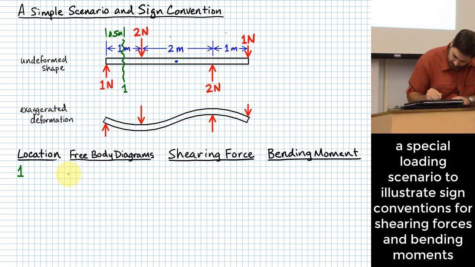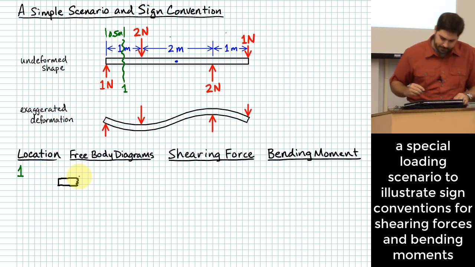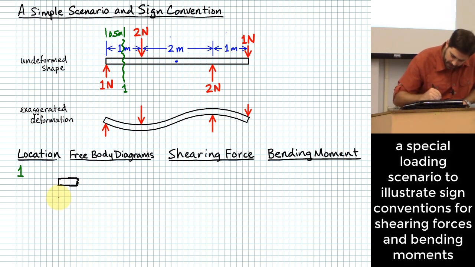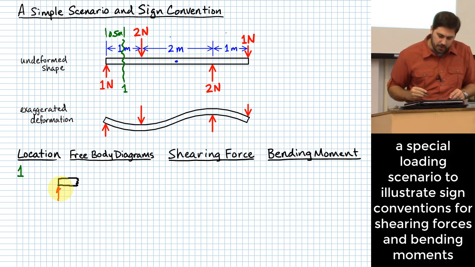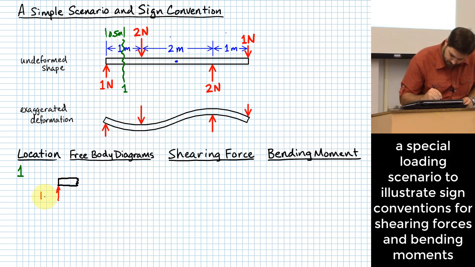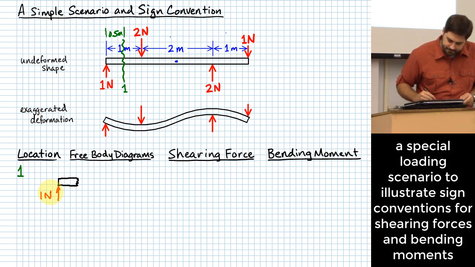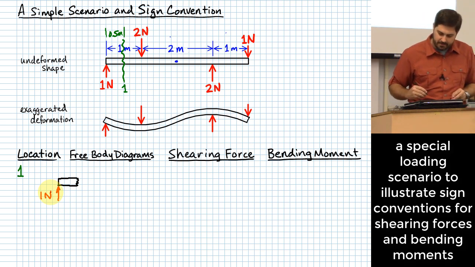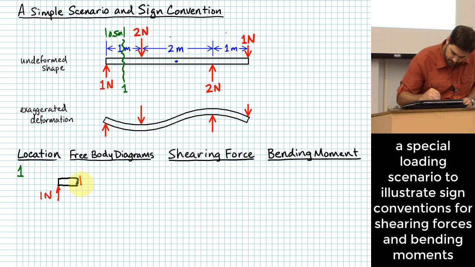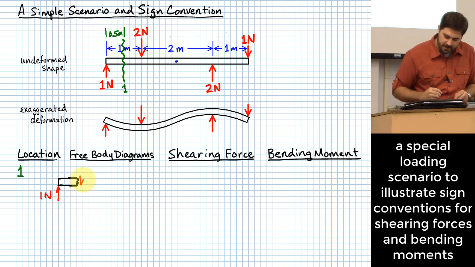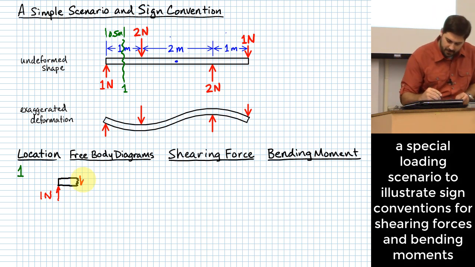The left one looks like what? Okay, it'll have a 1 Newton force acting up right here. And what will it have at the cut? A downward V, okay, which would have to be 1 Newton. And then what else?